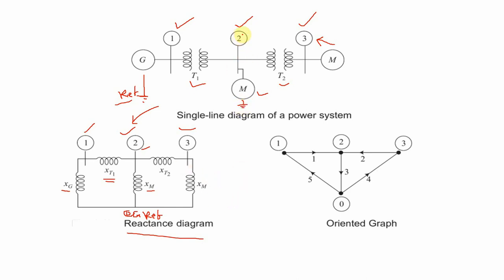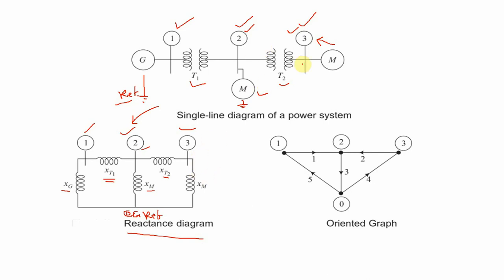Now next, between node number 2 and node number 3 transformer T2 is connected, right? And so we represent this transformer T2 in our reactance diagram like this. So Xt2 is nothing but the reactance of transformer 2, and it is connected between node number 2 and node number 3 because your transformer is connected between these two buses, right?